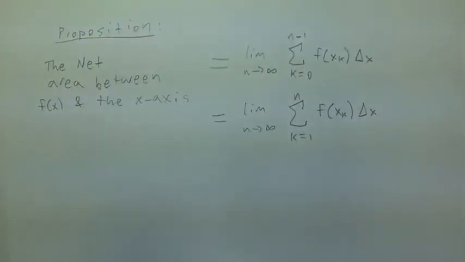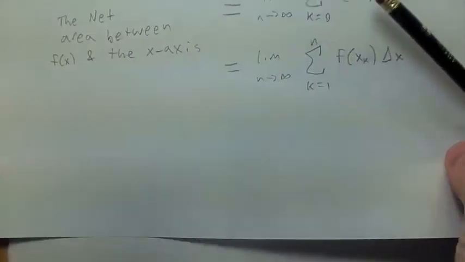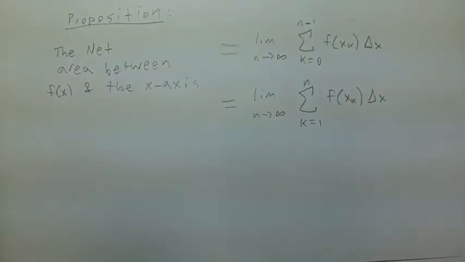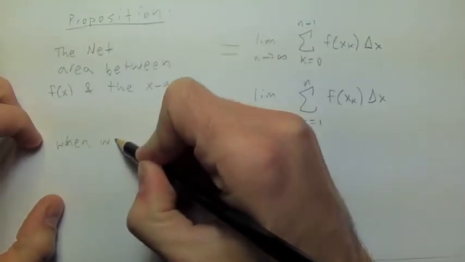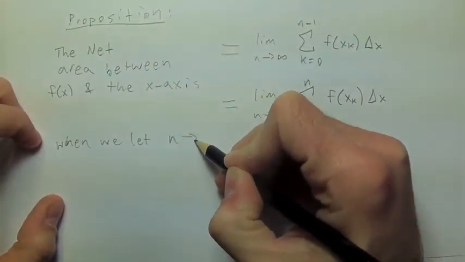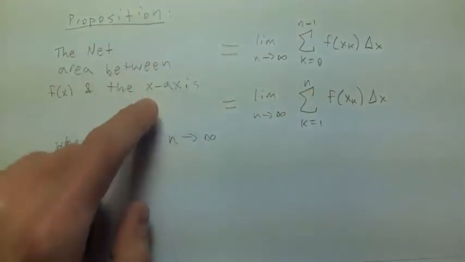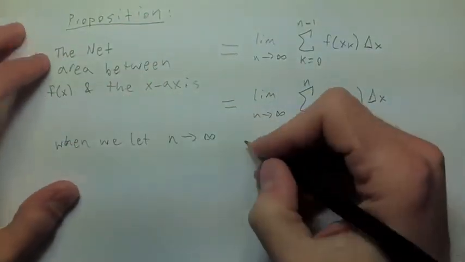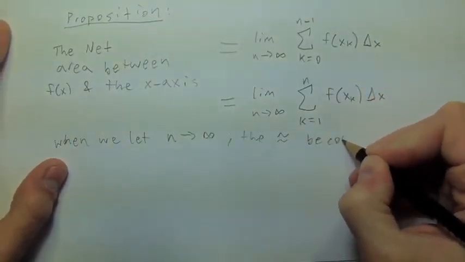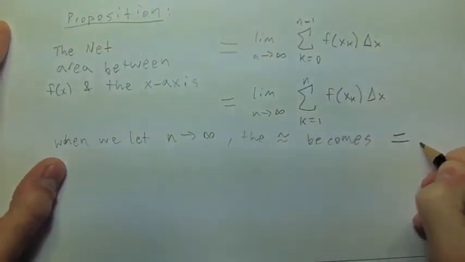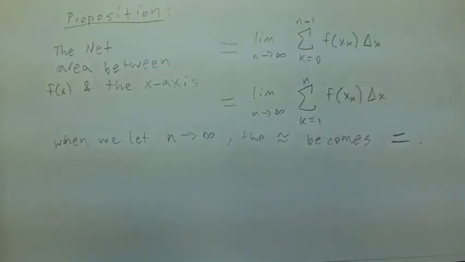And you'll study this a little bit more in Cal 2, but basically what has happened is when we let n go to infinity, we actually get equality. The approximately equal to becomes actual equality. We get full-on equal signs.